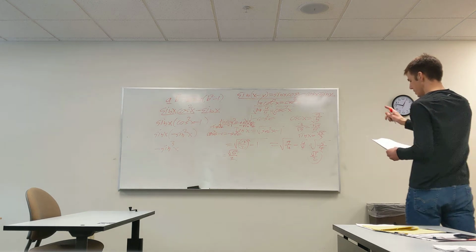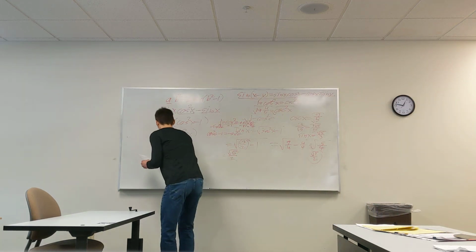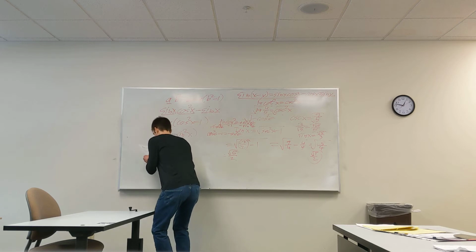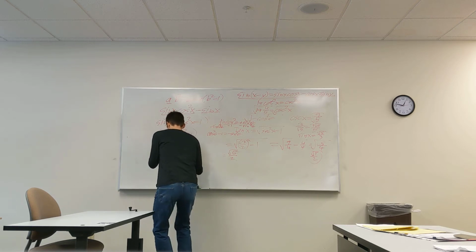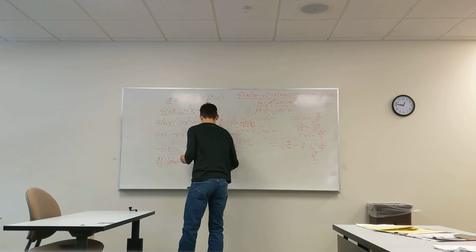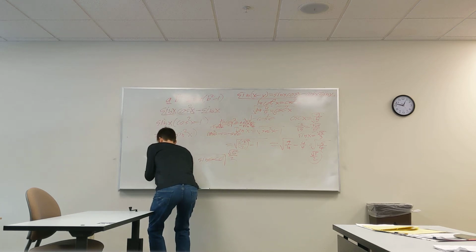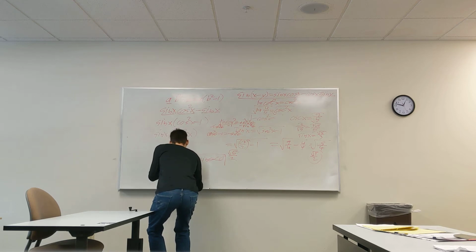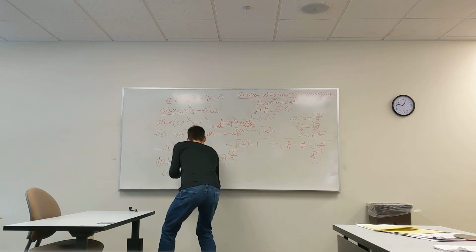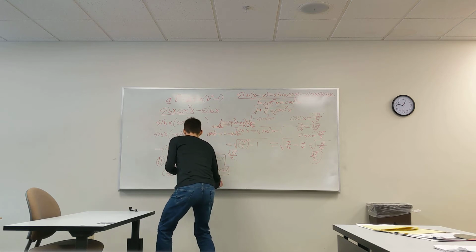So for the one that I did just before this, try number 11 in the book, which says tangent theta is 2, sine of theta is less than 0. Okay? And do cosecant theta is negative 5, cosine theta less than 0. Right?